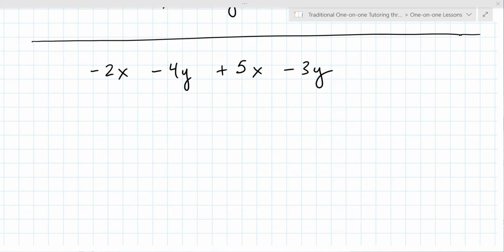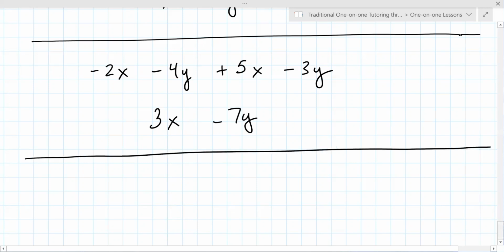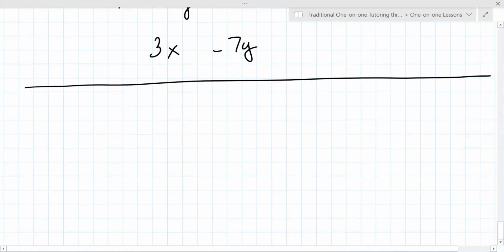Okay, I'm almost done. Three x negative 7y. That is correct. Okay, so let's try one more. If you can do this right, we'll move on to something else. All right.